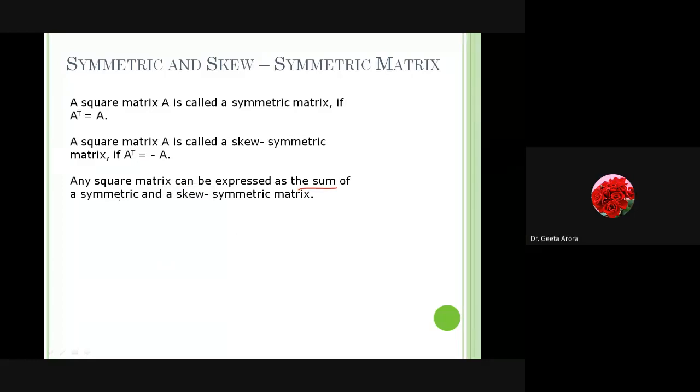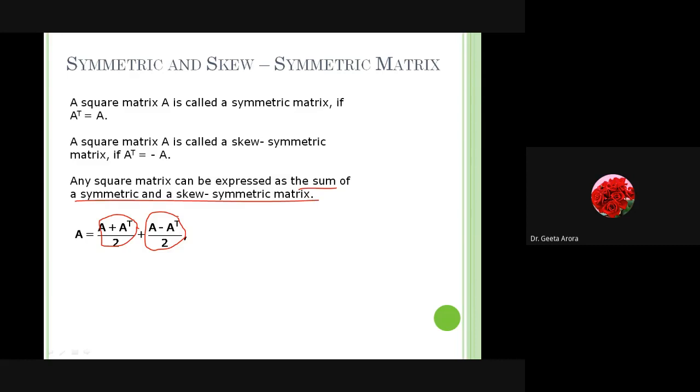As a theorem or a note, any square matrix can be expressed as a sum of a symmetric and a skew symmetric matrix. A can be written as (A plus A transpose) by 2 plus (A minus A transpose) by 2. Here (A plus A transpose) by 2 is a symmetric matrix, and (A minus A transpose) by 2 is a skew symmetric matrix.